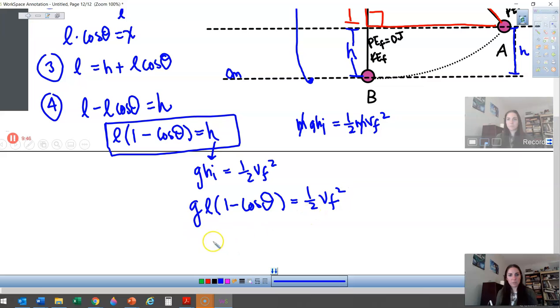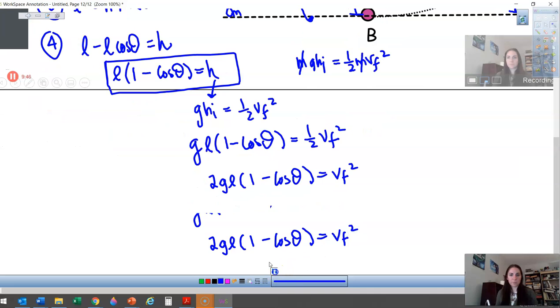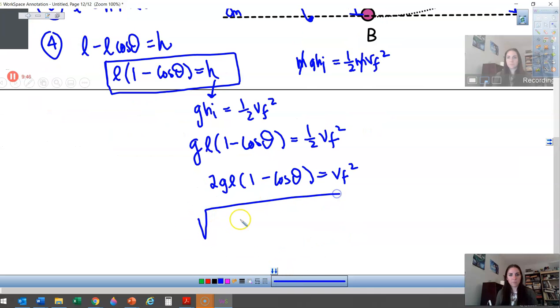The 2 comes up, so we get 2gL, 1 minus cosine of the angle, equals v squared, and then of course I could square root this whole thing. And there you have it.